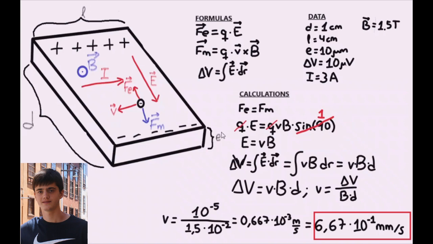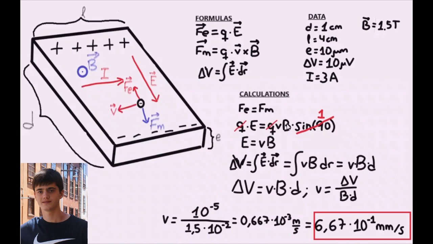E is the thickness of the conductor, which is 10 micrometers. L is the length, which is 4 centimeters. And as it also said, it was 1 centimeter wide. I know it's not really proportional, but for drawing it and explaining it, it's better to draw it like this.